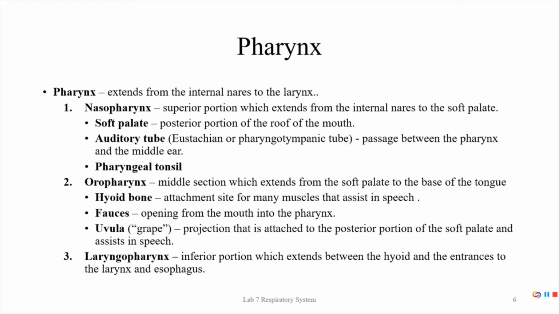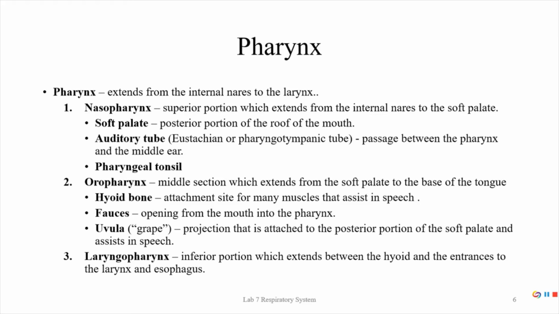Tympanic, it also connects to the tympanic membrane or tympanic cavity of the middle ear. So we call it eustachian tube, named after a guy named Eustachius. So the auditory tube, pharyngotympanic tube, or eustachian tube, and it goes from the pharynx to the middle ear, specifically the tympanic cavity. Here you will find a pharyngeal tonsil.